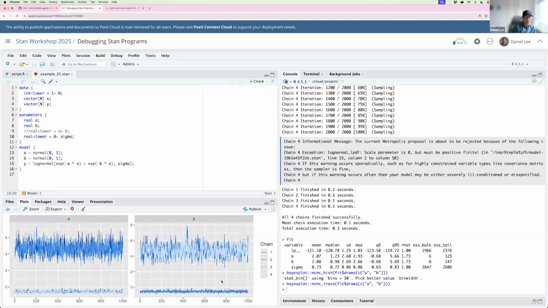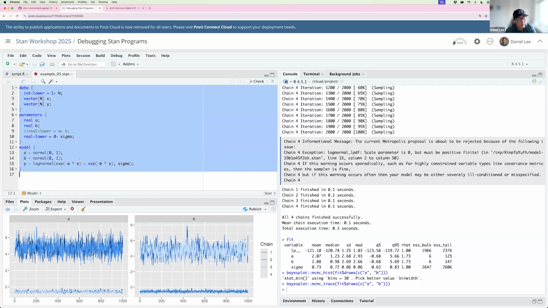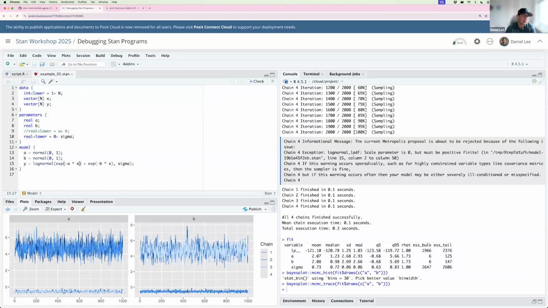Some of the problem is that if we only run a single chain, we're going to miss that sort of problem. But looking at this model, there's nothing that says A should be close to 5 and B should be close to 0 or minus something.